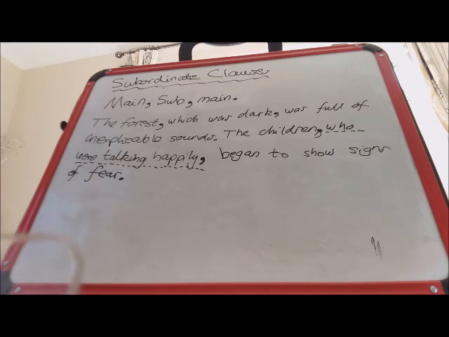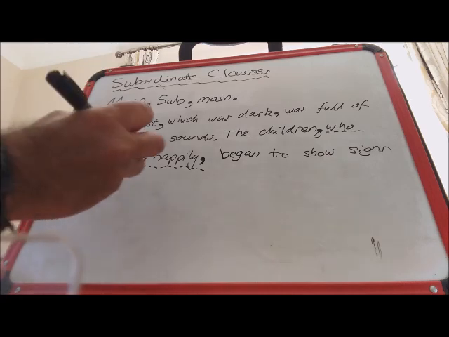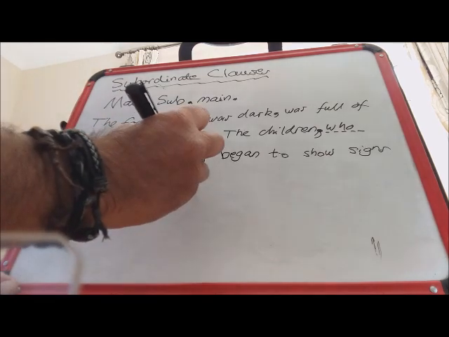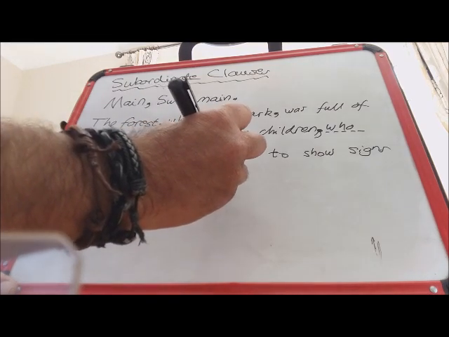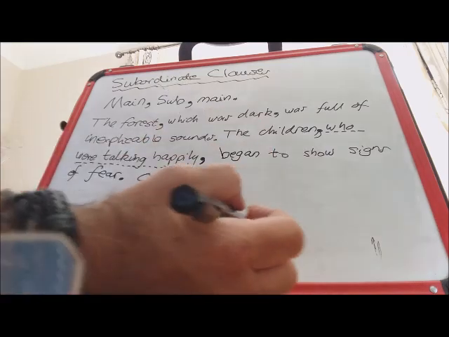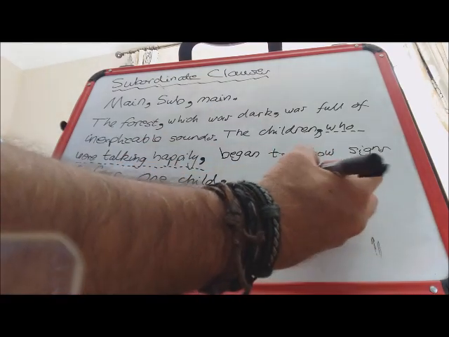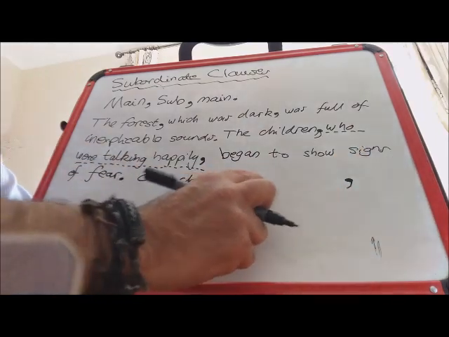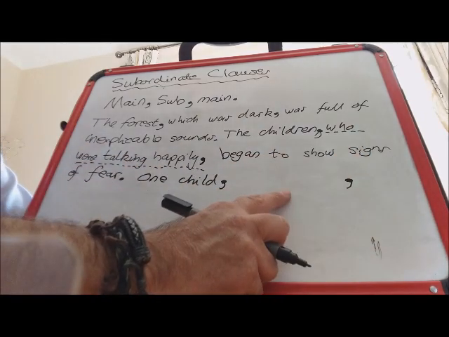And then what we'll do is we'll think about one child in particular. So one child, let's say that this child noticed something. What did he notice? So one child, let's put the commas in so that we know this is where the subordinate clause goes, because I haven't even thought about that yet.